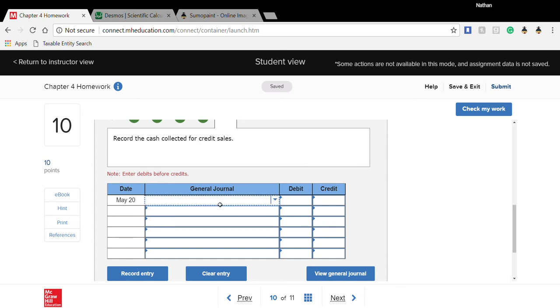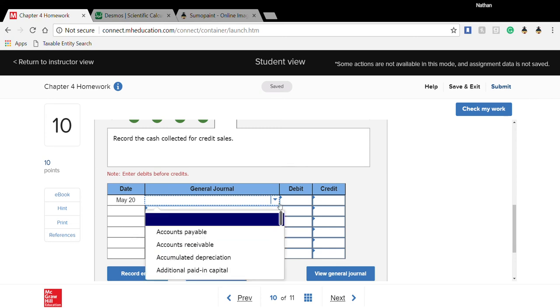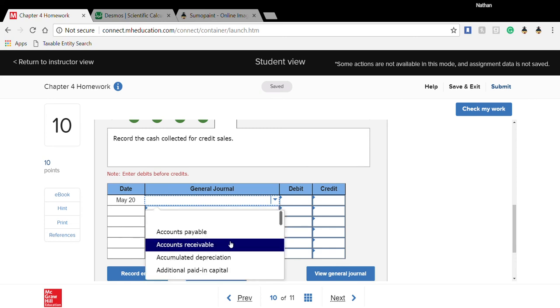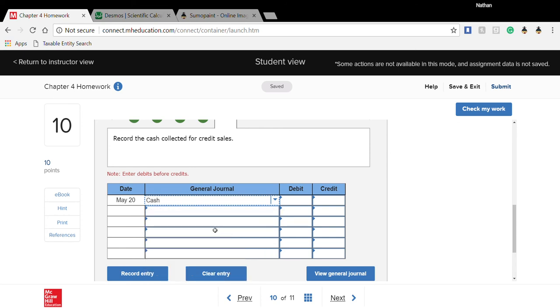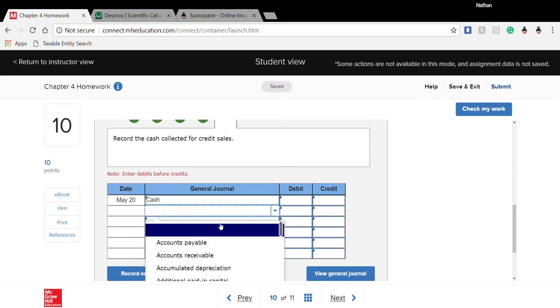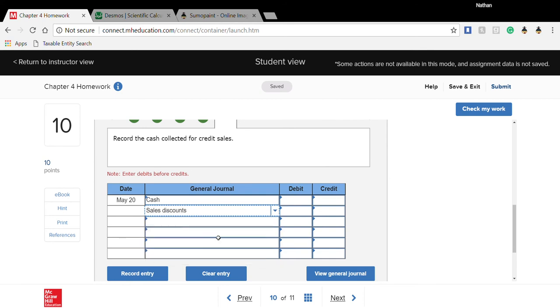So first off, let's get the accounts in. We know that we're going to receive cash. So cash is going to be a debit because they paid us. We know that they made it within the discount period. So there's only one account that deals with discounts when we're the seller, and that's sales discounts.